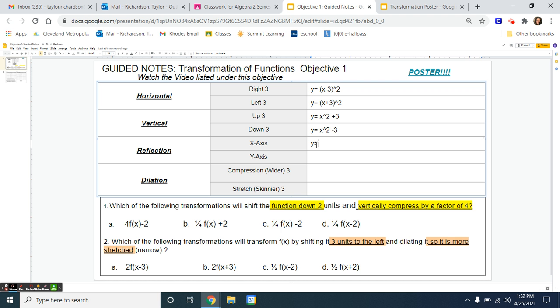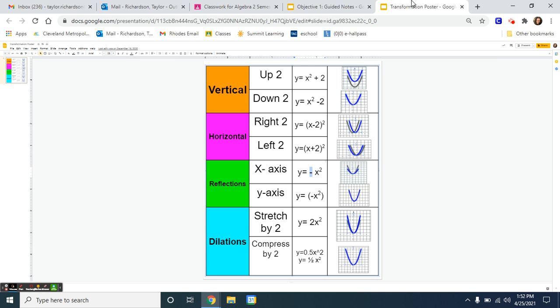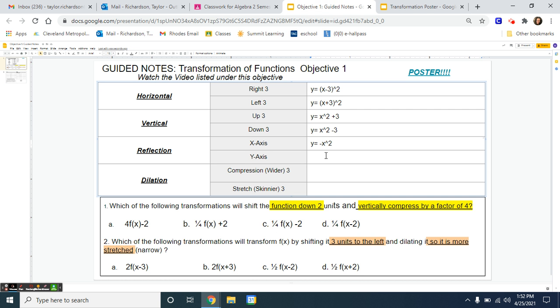Now, if you're reflecting over the y-axis, so left and right, it's still a negative, but it's inside of parentheses. So it would look like y equals parentheses, negative x, squared.